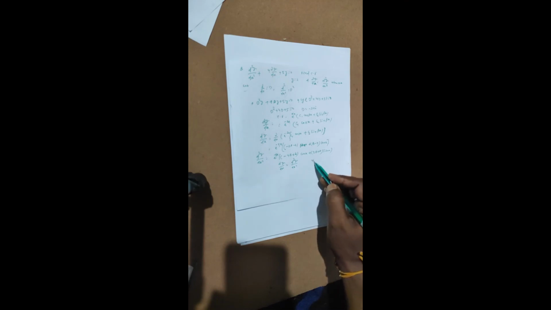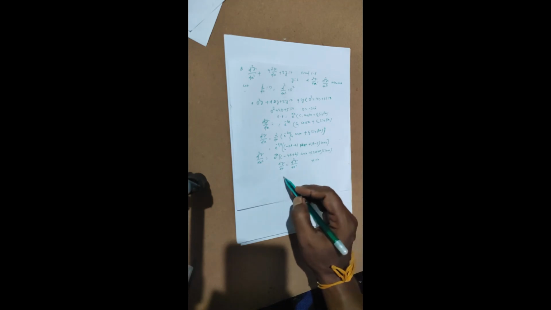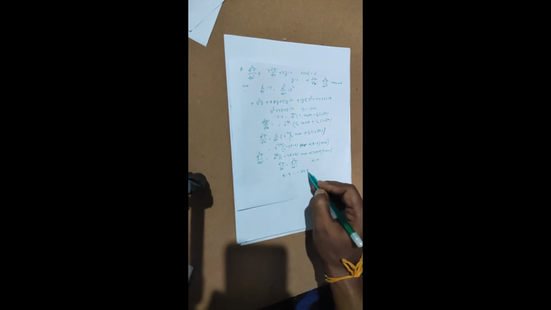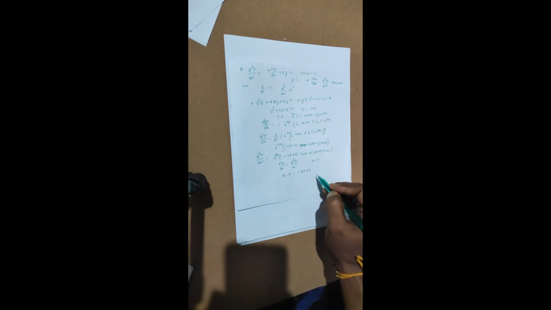At the condition x equal to 0, putting x as 0 and this value, b minus 4 is equal to minus b plus 6. You can solve it: b is equal to 2.